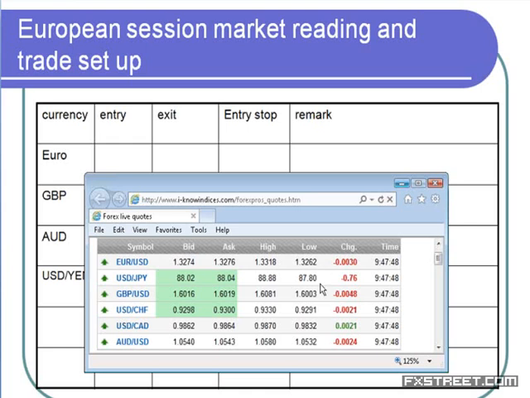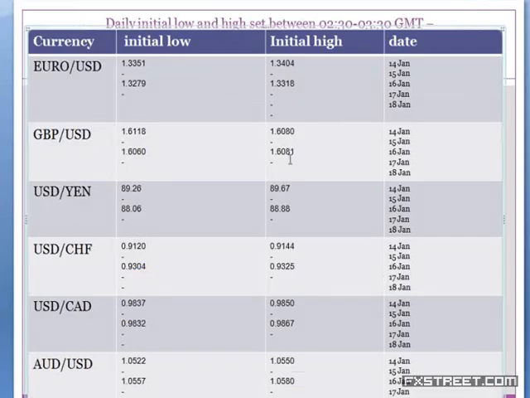Kindly wait for such a breakout and a move above the initial low. In the case of Euro, 1.3279, and in the case of GBP, it is 1.6060.